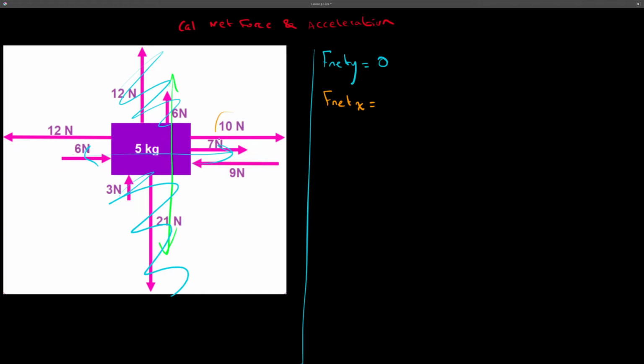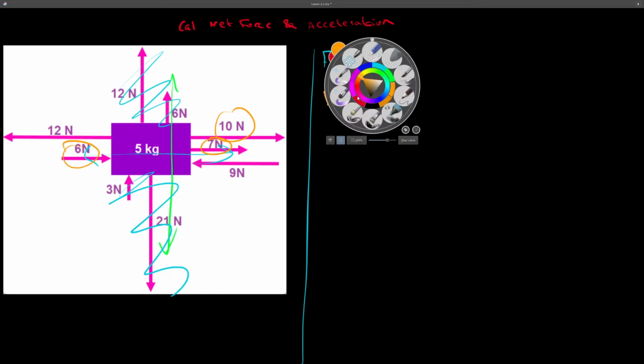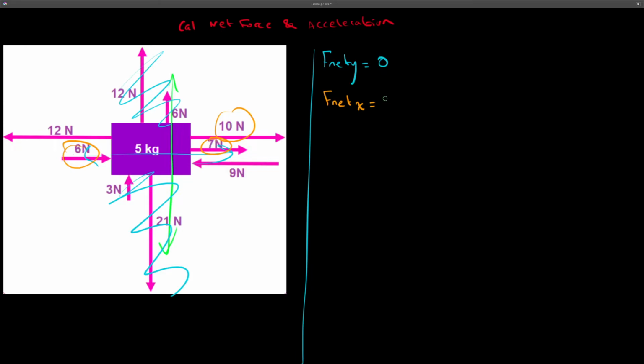So 10 to the right, 7 to the right, and 6 to the right. So we can say 10 plus 7 plus 6, and then minus 12 to the left and 9 to the left, minus 12, minus 9.